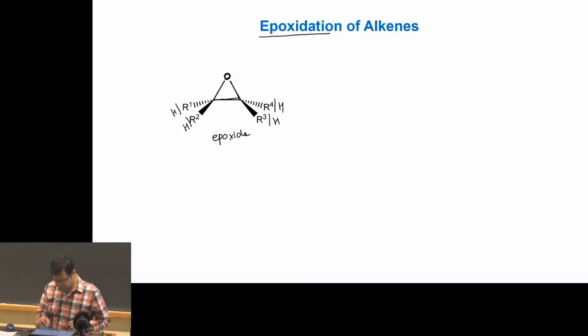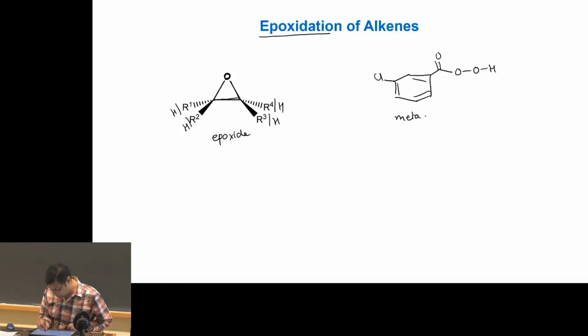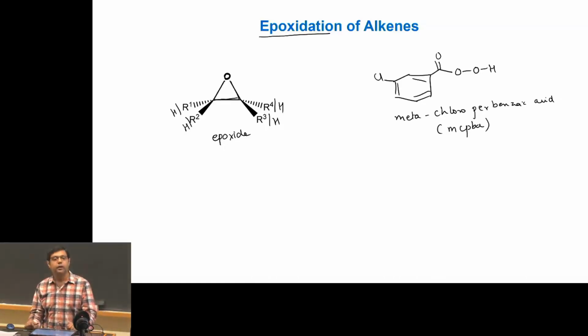Now the reagent used to generate epoxides from alkenes is this molecule. This molecule is called metachloroperbenzoic acid, abbreviated as MCPBA. Right?